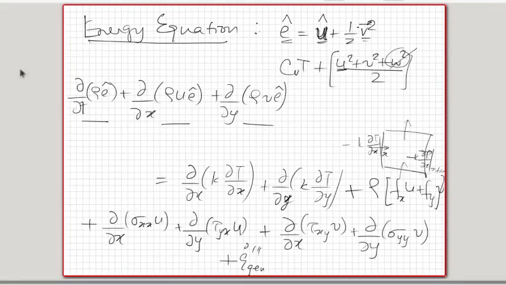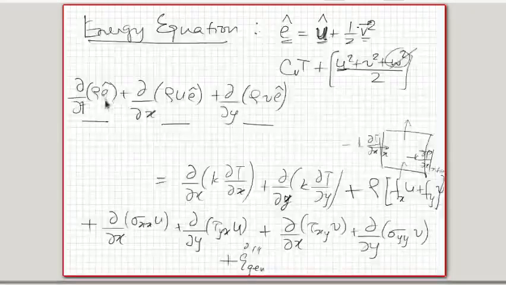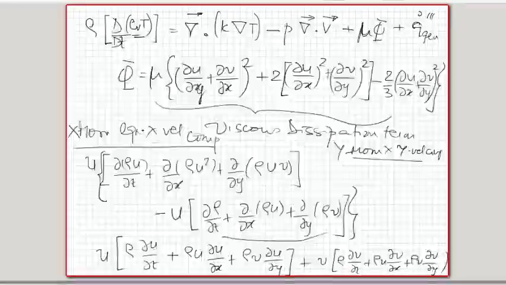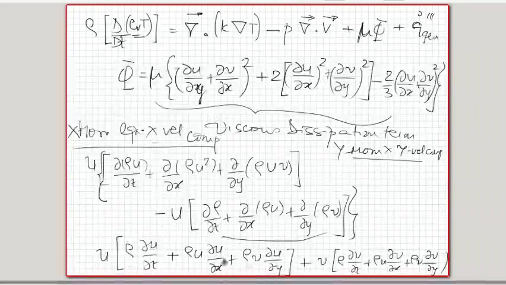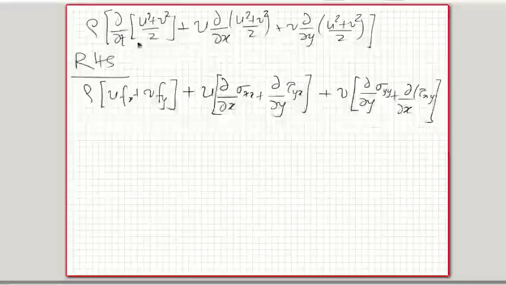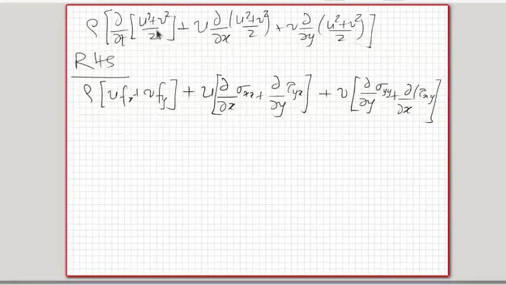okay, so on this side this is rho into E, so I can actually now go back to this equation, which gave rise to this term. So if I take this and if I add continuity equation multiplied by u squared plus v squared by 2, then this rho would go in.